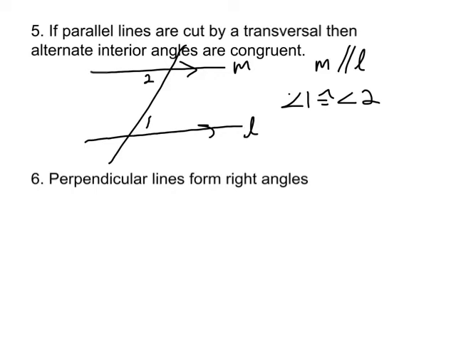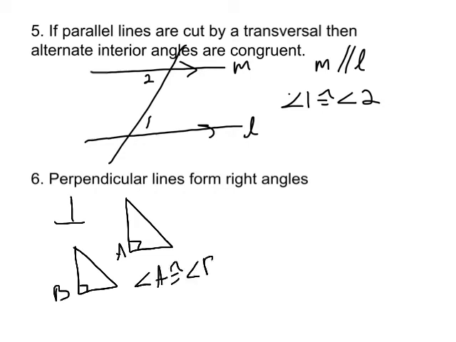The next reason that we use quite often is the properties of perpendicular lines. We know that perpendicular lines form right angles. So perpendicular lines, the symbol would be this, and we can get other reasons after that reason. If we have two right angles and we want to get the angles congruent, we could say A and B. We could say that angle A is congruent to angle B because right angles are congruent.